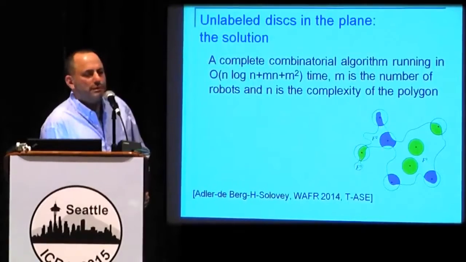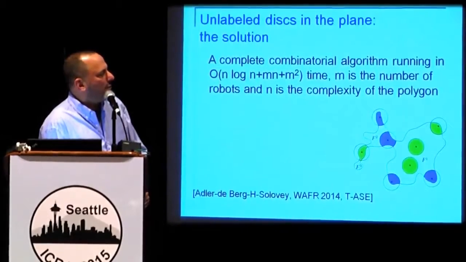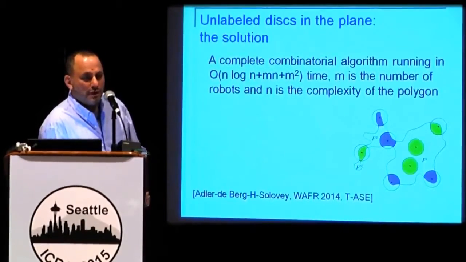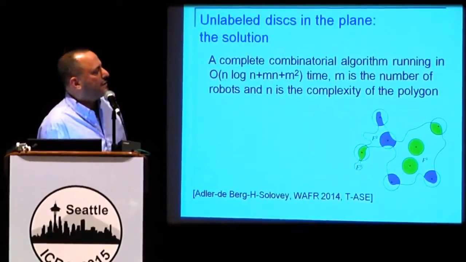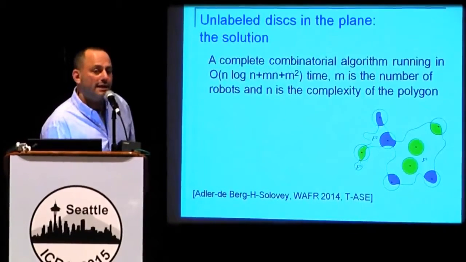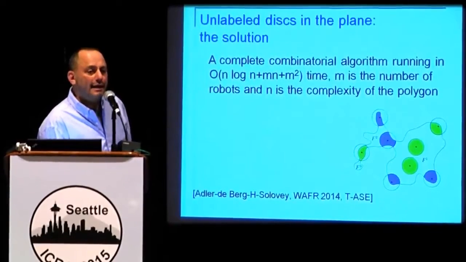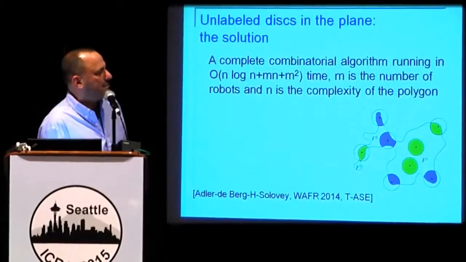You have a simple polygon, start positions, goal positions, and the assumption is these expanded disks are pairwise interior disjoint. And for this problem, we give a complete combinatorial algorithm that runs in time n log n plus mn plus m squared, a far cry from the exponential prophecy. And I want to explain a little what is going on, and let me give some technical details.